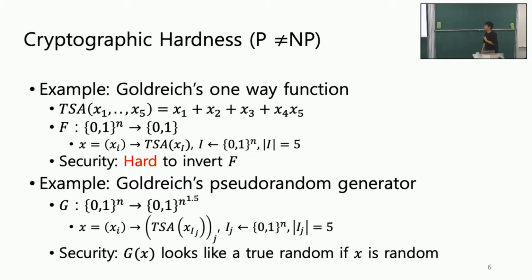The security of a one-way function is that it is hard to invert f. Here, invert means we cannot find the preimage of f in polynomial time. As another example, we can also construct a function g using the TSA function many times. The security of a pseudo-random generator is that if x is random, then g(x) looks like true randomness.